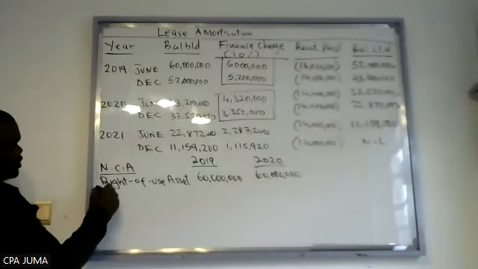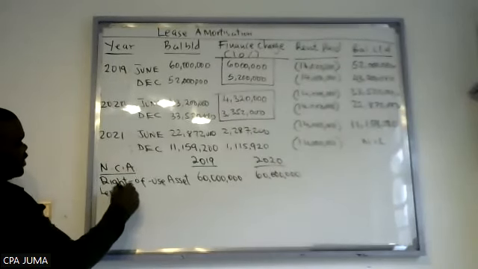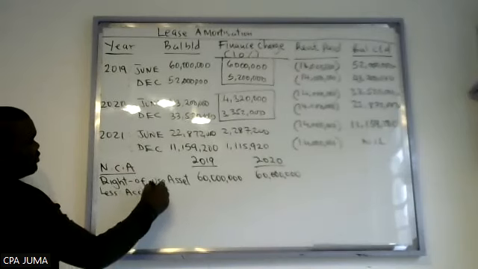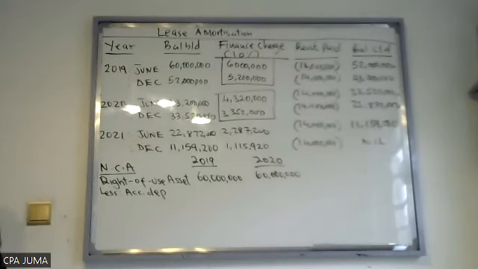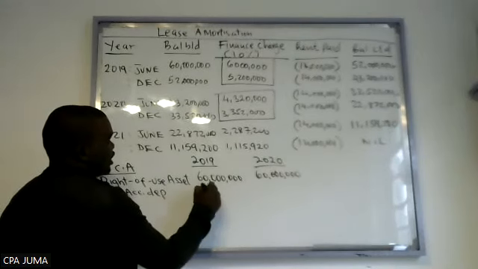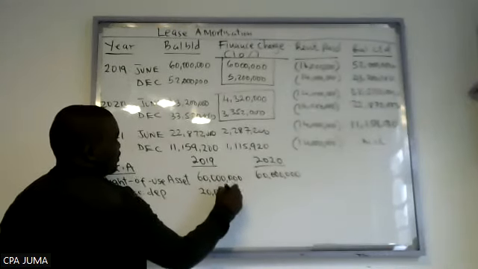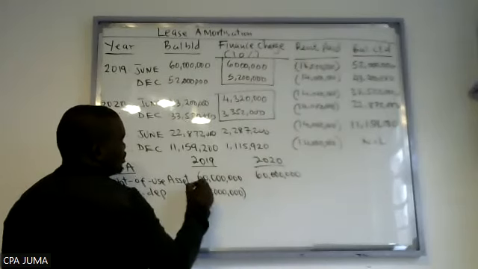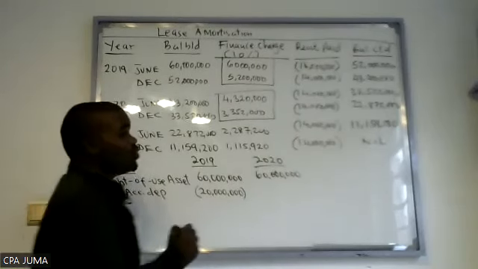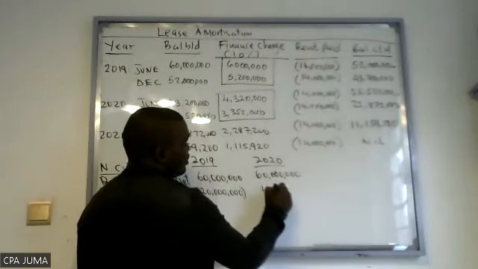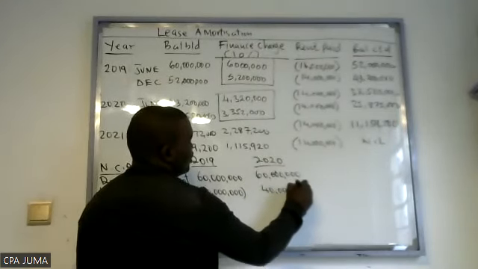So you less accumulated depreciation. You less the accumulated depreciation, 20. We are charging 20 every year. So when you accumulate, next year you charge 40. Total.